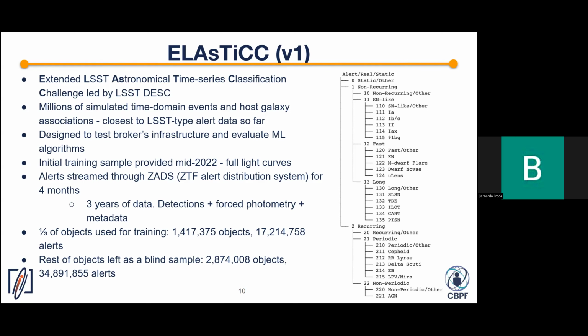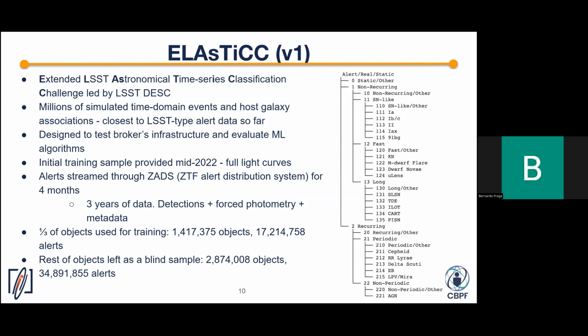The main point of Elasticc is that it is a challenge. It's the Extended LSST Astronomical Time Series Classification Challenge. But I will refer to the Elasticc data set as just Elasticc for short, so I don't need to keep saying data set. The Elasticc challenge itself had two main goals.